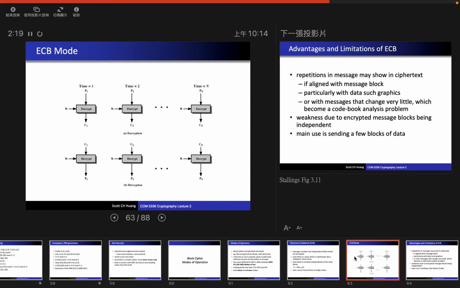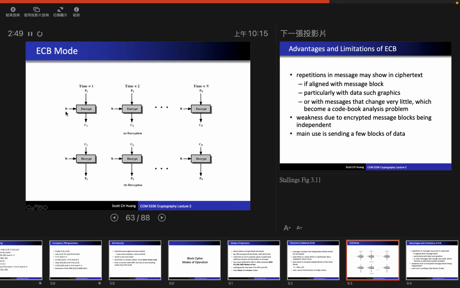Let's talk about the most naive way. We simply chop our data into 64-bit pieces, and then we use the same key in every block. So for every block, let's say we have n blocks, C1, C2, until Cn, we use the same key, K. Do you think this is good?